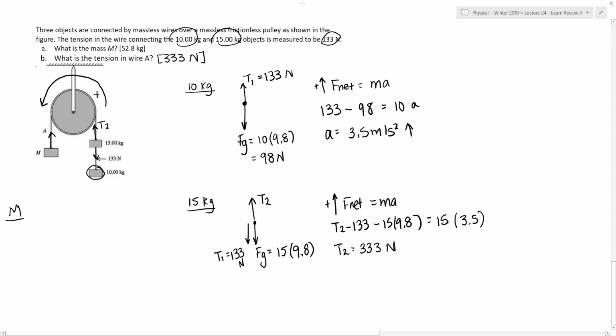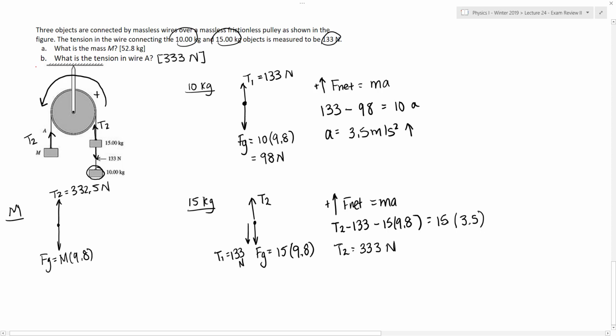So this is M. So if I draw a free body diagram of M, what forces do I have? I have a force of gravity, which is equal to mass, capital M, times gravity, 9.8. And I have a tension force, which is tension A and also equal to tension 2. So I'll call it tension 2, which we just solved for is 332.5 newtons.